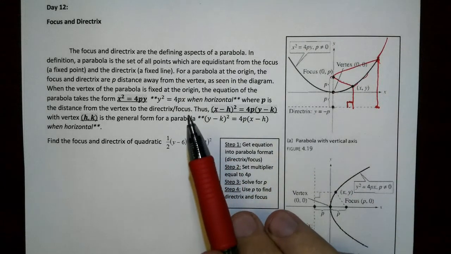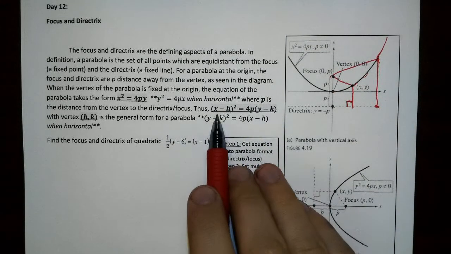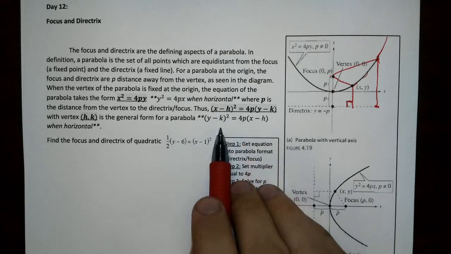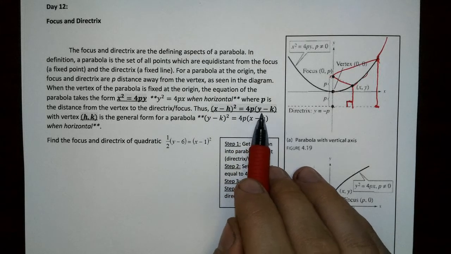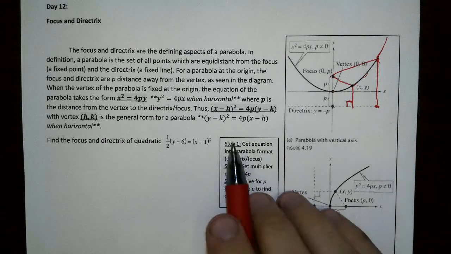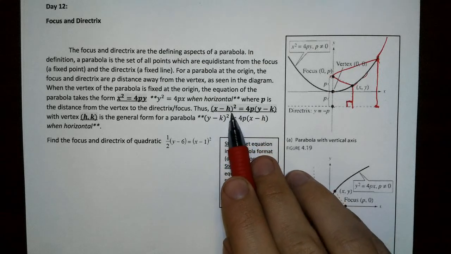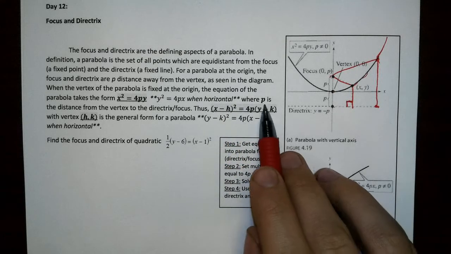So now, we started with the case of the origin. Now let's expand our mind to something that's moved from the origin, maybe shifted from the origin. It's going to look like this: quantity x minus h squared equals 4p quantity y minus k. The reason for this is it's just saying that if we need to adjust this from the origin, we just need to account for it when we plug in our x and y.